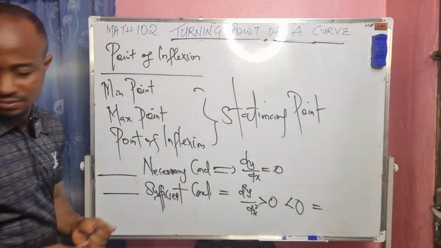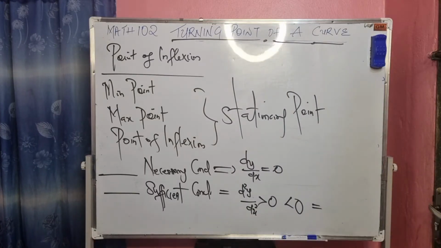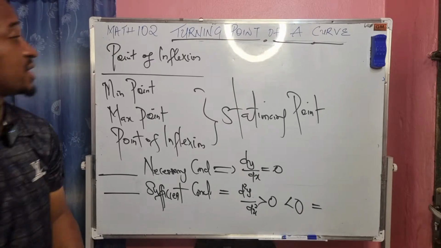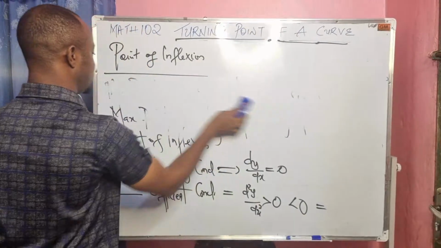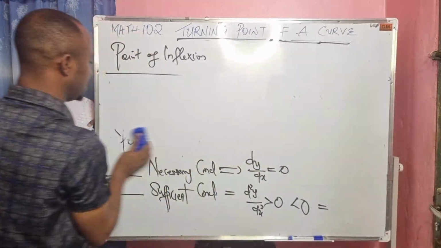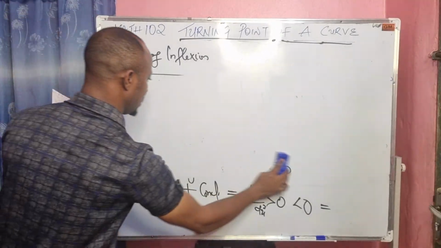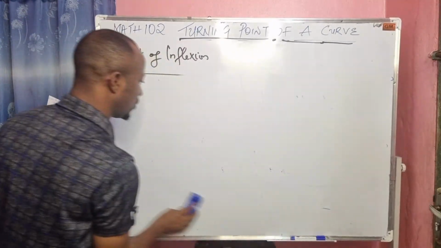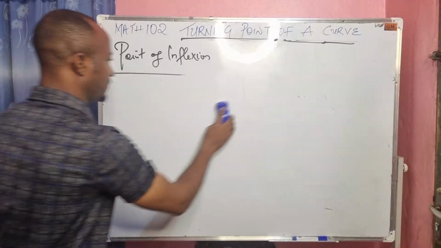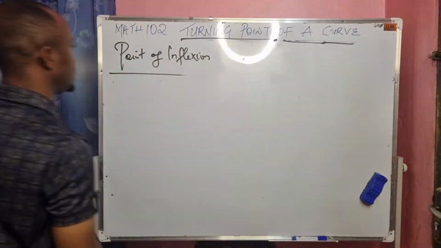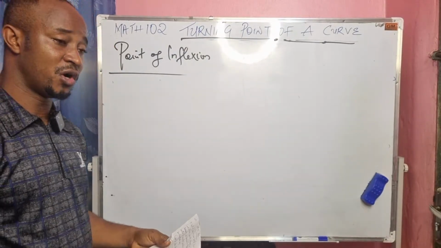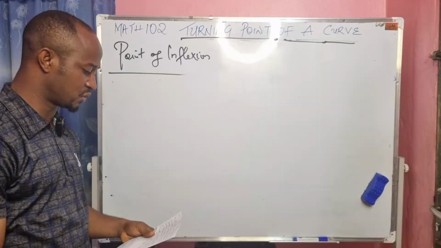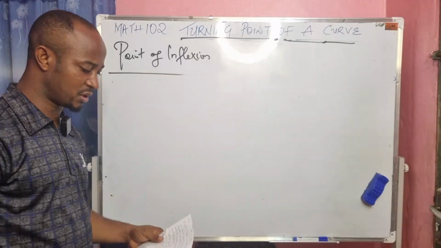Then, what is a point of inflection? A point of inflection, by definition, is that point on a curve where the concavity of the curve changes, either from upward toward downward or from downward toward upward.